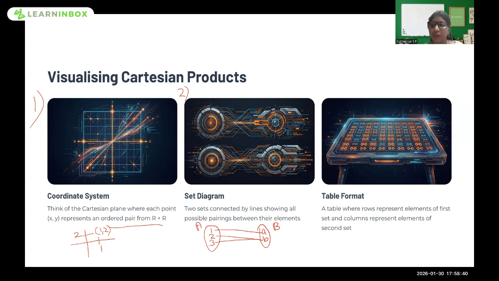Such pairings of lines between the elements are shown in the set diagram. And in the third, you can see a table format where you can represent elements through rows and columns. In the table, you will have numbers representing the elements of the first set and the second set.